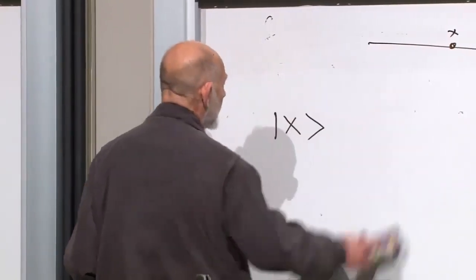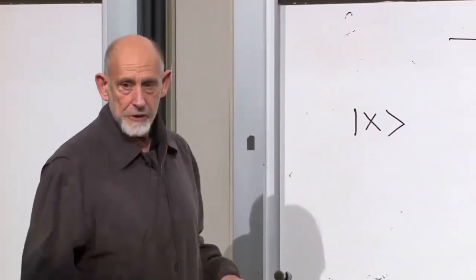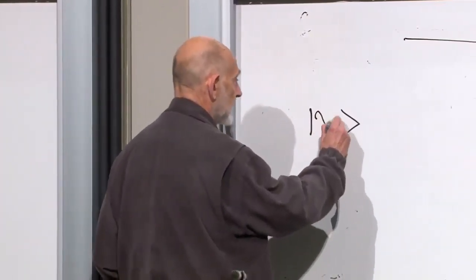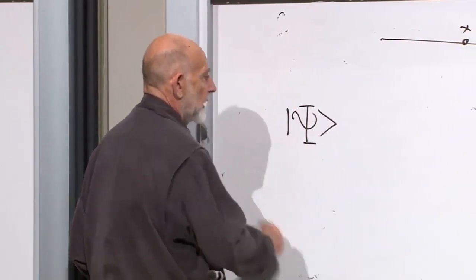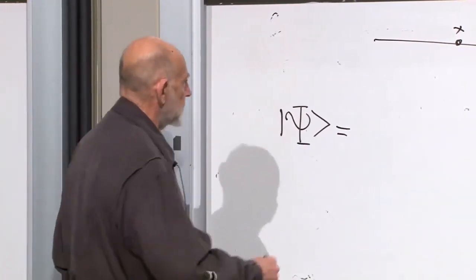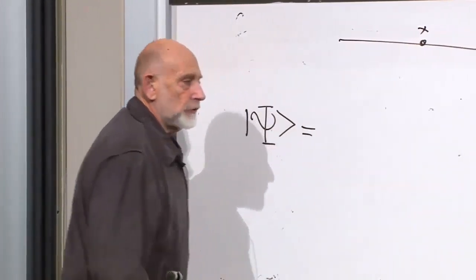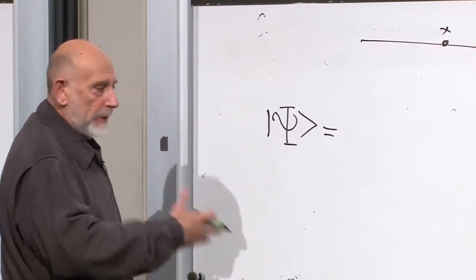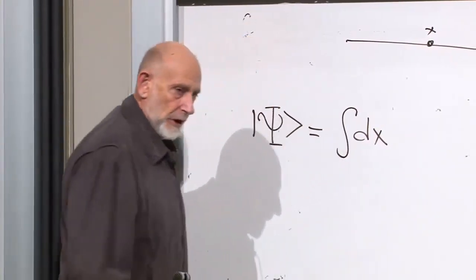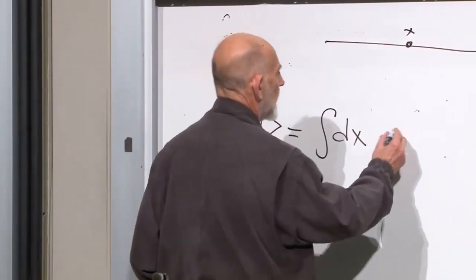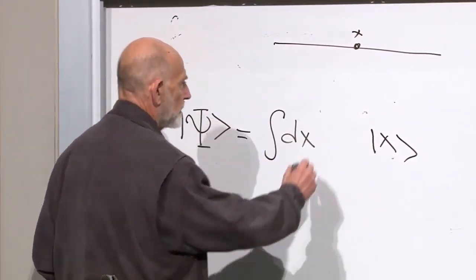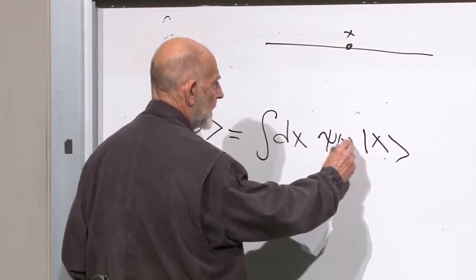And like any good basis, the point of a basis is to write any wave function psi, or any state vector, as a superposition, a sum of the basis vectors. Since the basis vectors form a continuous range of possibilities, we write it as an integral dx, replacing the sum, and then eigenvector x times something which depends on x.